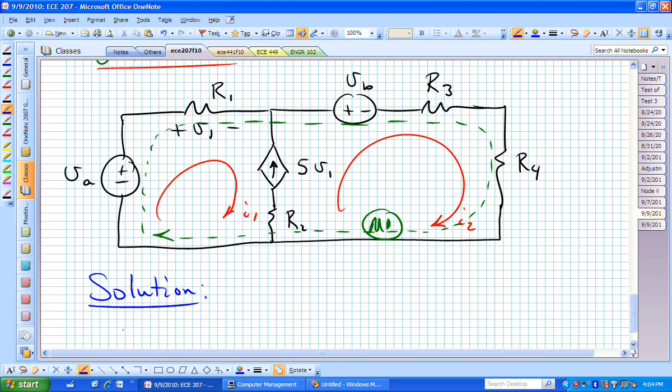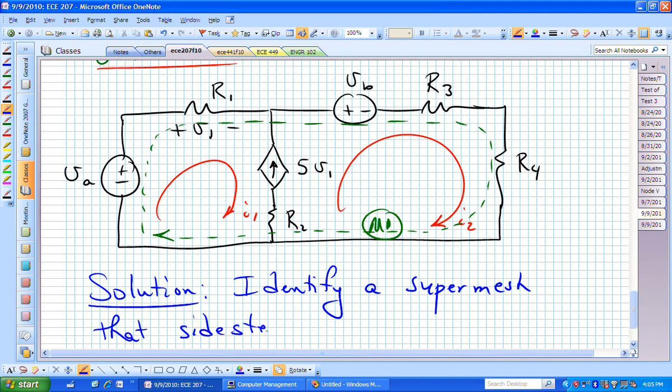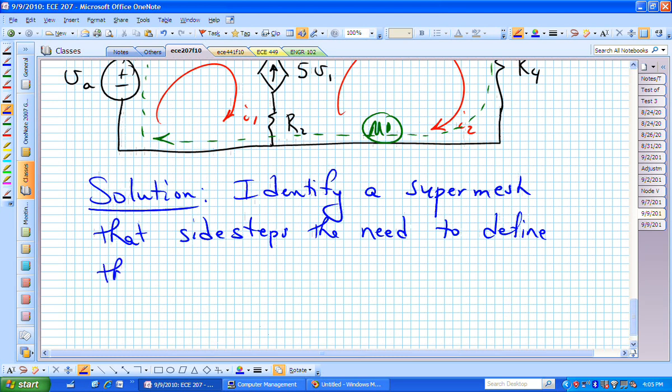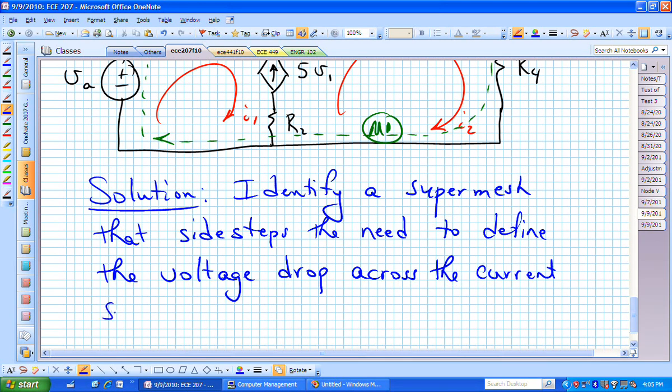Because I couldn't do these simple meshes around I sub 1 and I sub 2, I'm going to identify a super mesh that basically goes around or sidesteps the need to define the voltage drop across the current source.